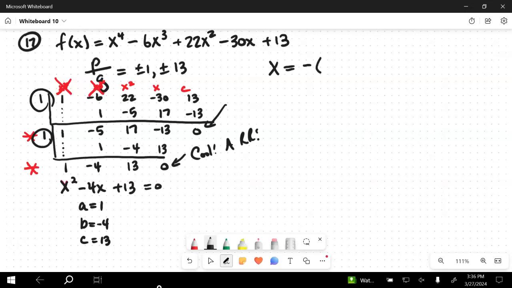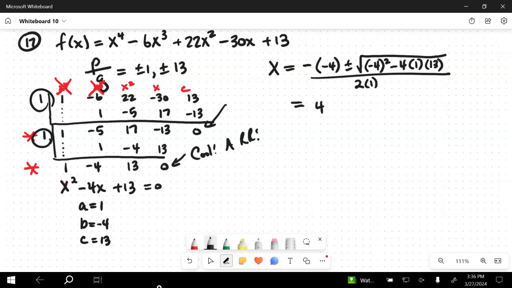X will be equal to minus whatever B is, plus or minus the square root of B squared minus 4AC, all over 2 times a. Minus a minus 4 is 4, plus or minus the square root. That is 16, and this one gives you minus 52, which gives us a negative 36.